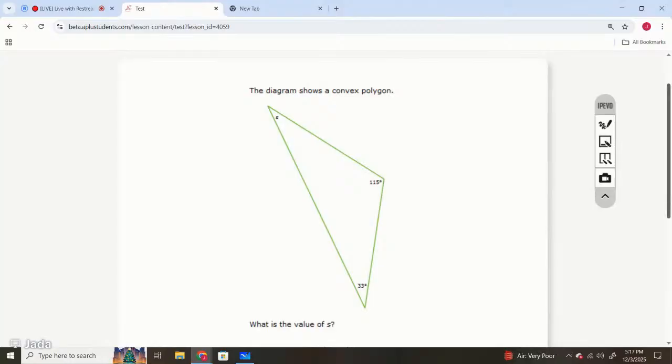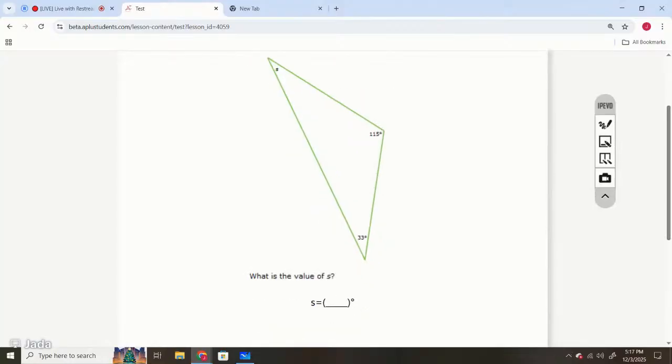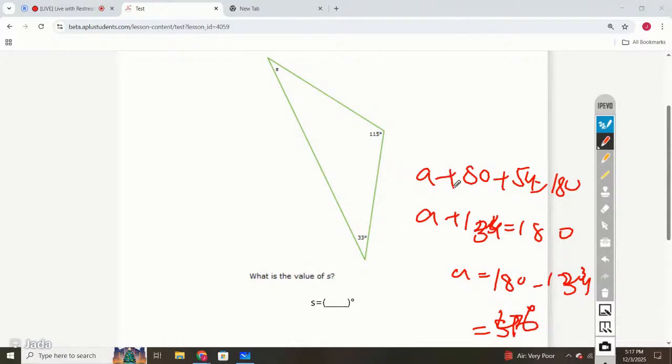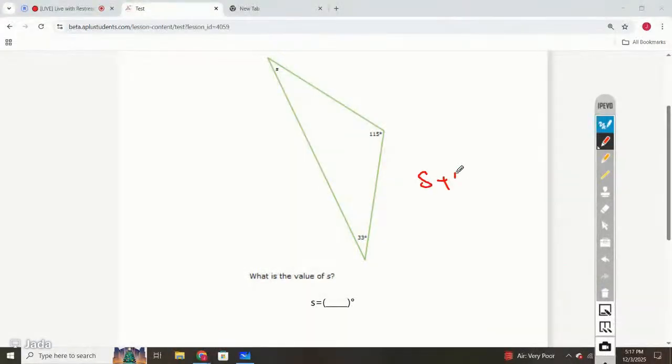The diagram shows a convex polygon. What is the value of S? Which is the correct option? The sum of all the angles in a polygon must equal 180 degrees. So that is S plus 115 plus 33, which is 148.